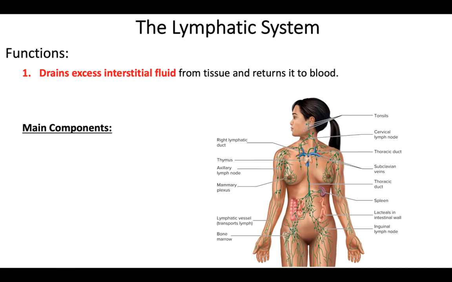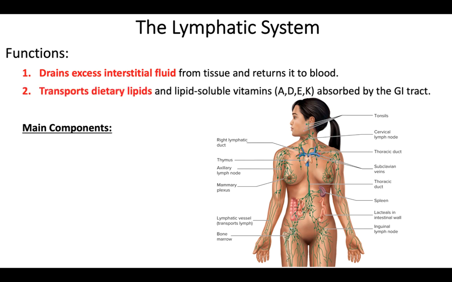So we have to be able to collect that extra fluid that gets filtered from blood capillaries, drain it out of that tissue in order to prevent edema, and then return it to the bloodstream. So we'll talk about that process first, then we'll get very briefly into what the lymphatics job is as far as dietary lipids.